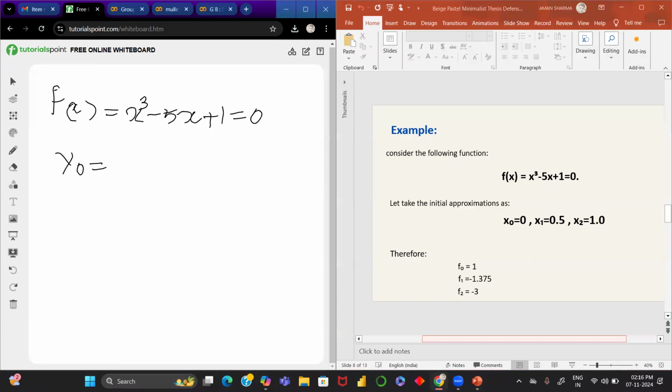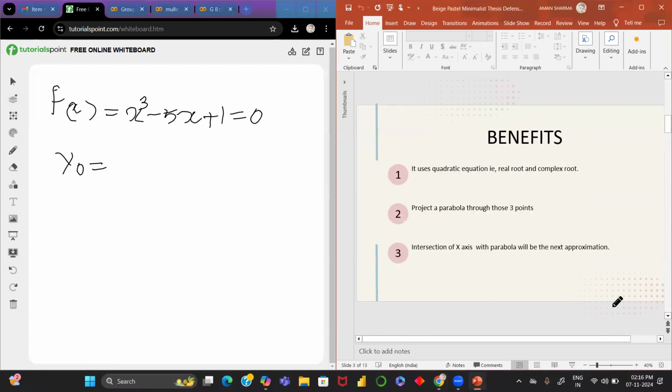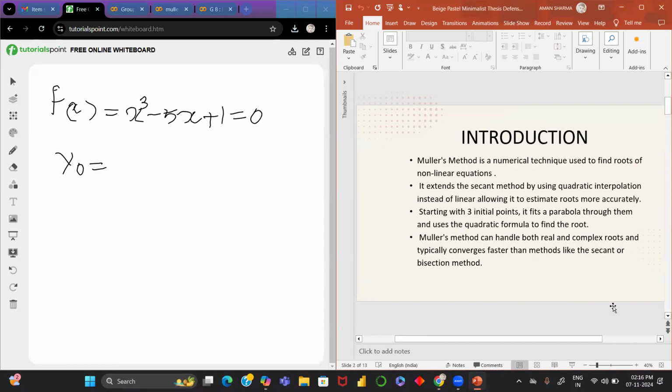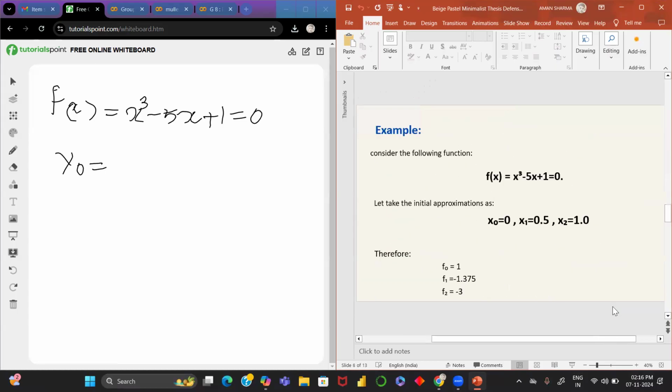We use three initial points to fit a parabola through them to find the quadratic formula to find the root.